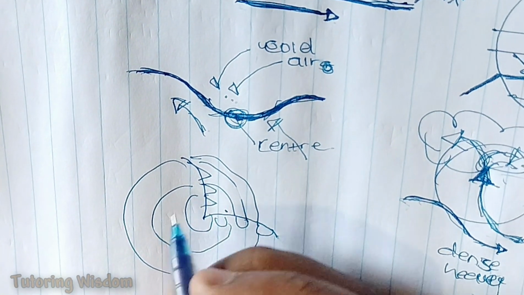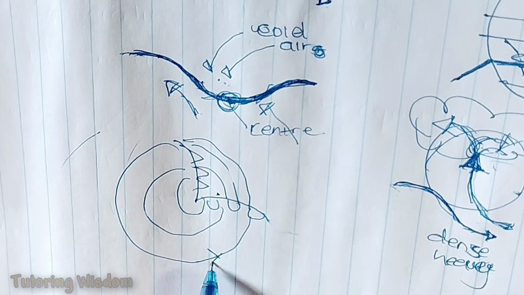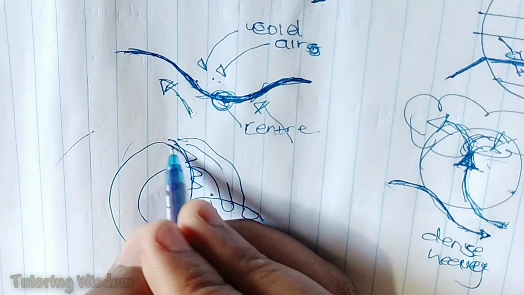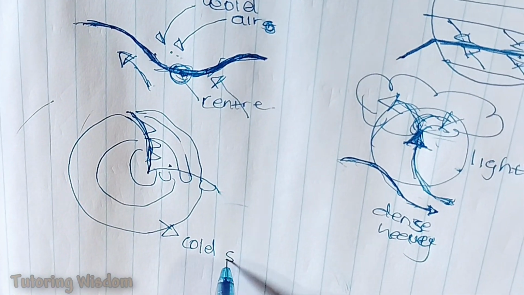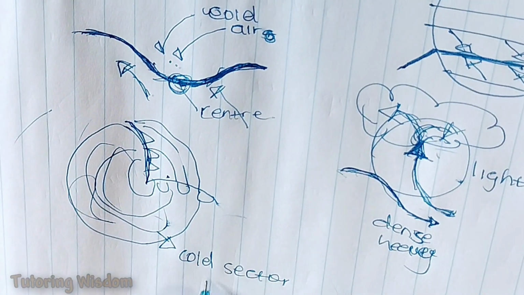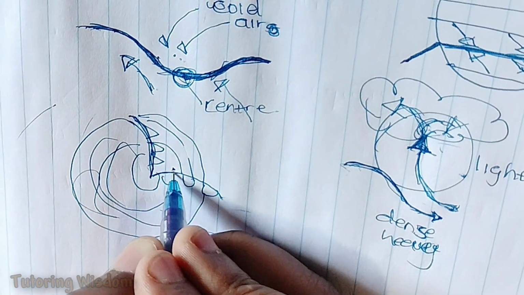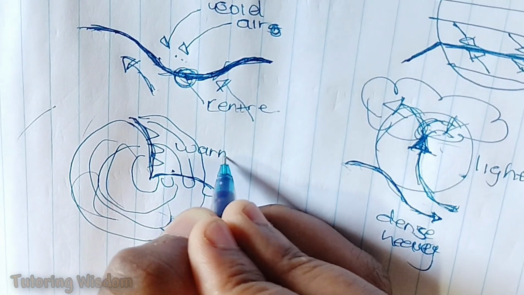Now remember, this is important. You have to know that behind your cold front is your cold sector. So this whole part is your cold sector, and then behind your warm front we have your warm sector.